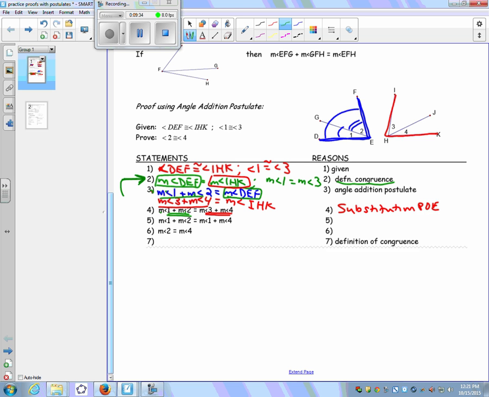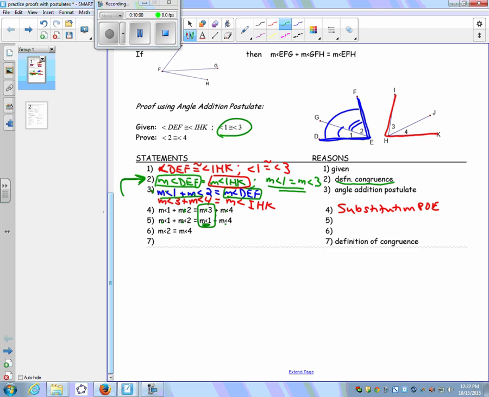All right, now from step 4 to step 5. 1 stays 1, 2 stays 2, 3 becomes 1, and 4 stays 4. What's our reason? Patrick? We have established that 1 and 3 are equal, right here in our given and right here in our definition of congruence.